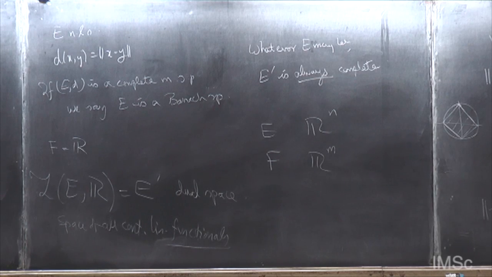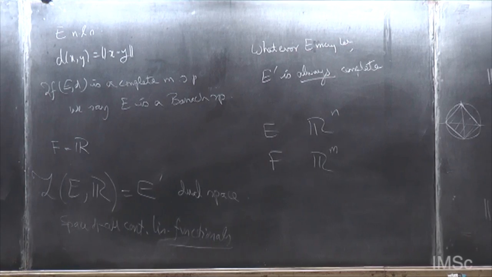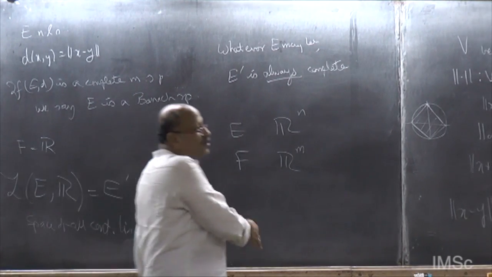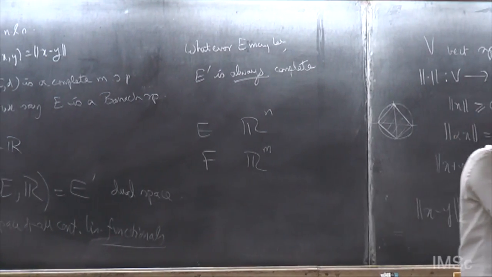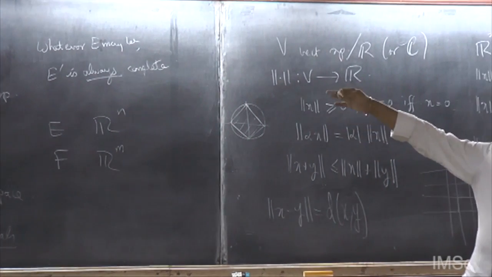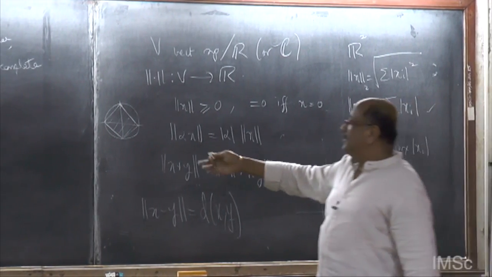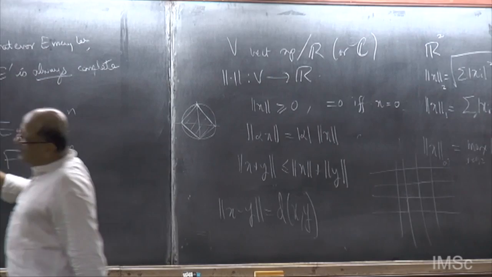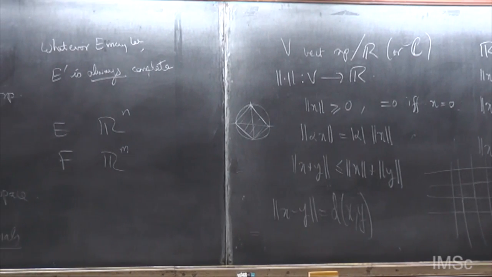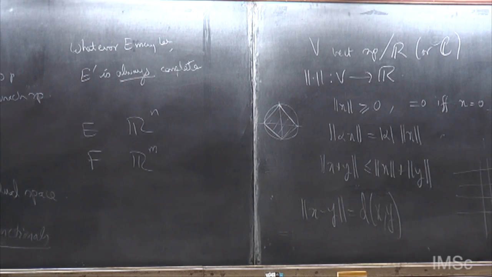Just these inequalities you remember, and that is it. Because whatever I am going to say now, it does not matter whether it is finite dimension or infinite dimension. So, at no extra cost, I can give you a more general theory, and hopefully if some of you like it, it is fine. If you do not like it, just think of E as Rn, F as Rm, and you are done, your multivariate calculus will still be there.